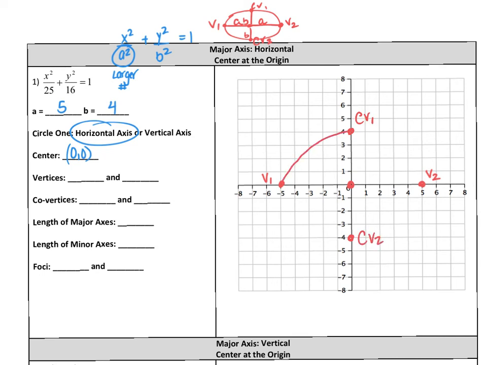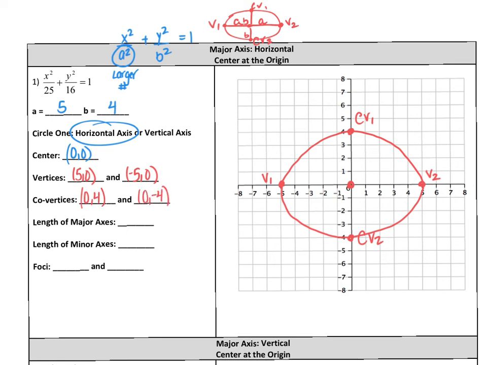And if we connect, we get an ellipse that opens horizontally. So all we have to do is write down the coordinates of our vertices, left 5 and right 5. Those points would be 5, 0 and -5, 0. The co-vertices will be the coordinates up 4 and down 4, so those points would be 0, 4 and 0, -4.